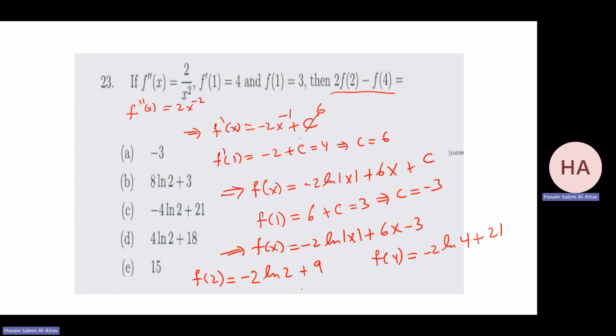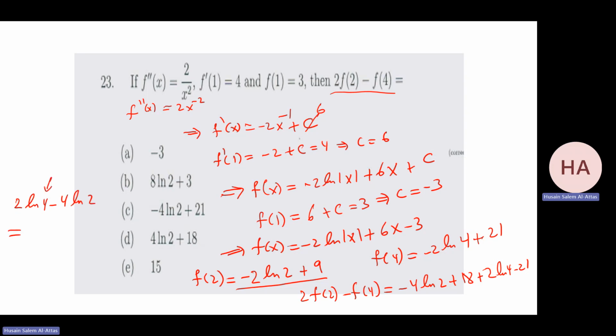Okay, now I need to find 2f of 2 minus f of 4. Multiply this by 2. I'm getting minus 4 ln 2 plus 18. Subtract from this plus 2 ln 4 minus 21. Notice 2 ln 4 minus 4 ln 2 is what? 2 ln 4, I have ln 4.